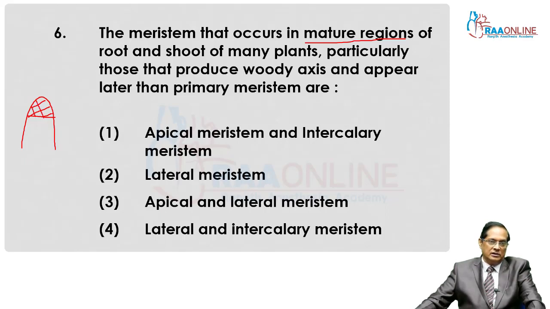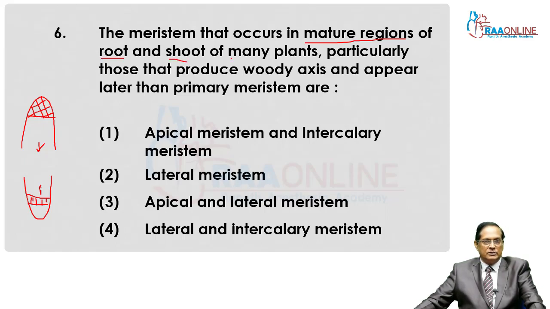Here the cells present are actively dividing cells. That is, in root as well as shoot, the apical region is occupied by the meristem, and the remaining portion we can say is the mature area, especially the mature region of root and shoot.